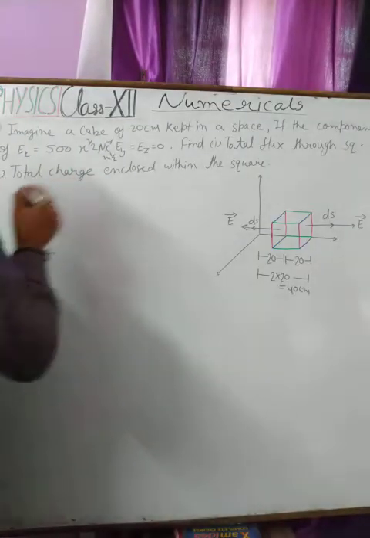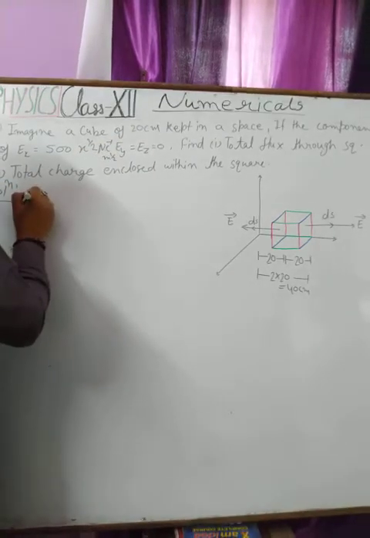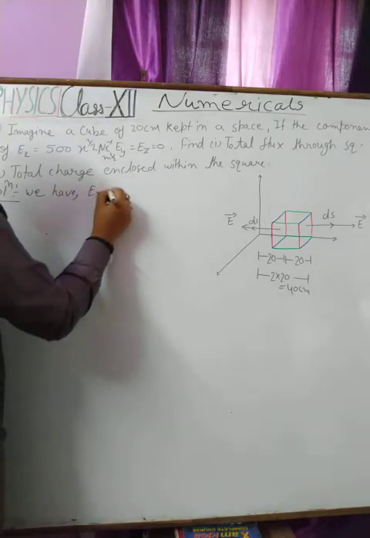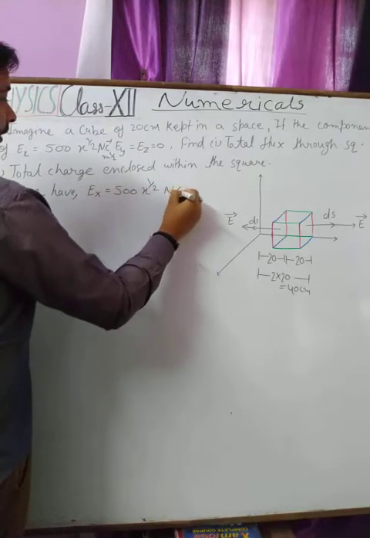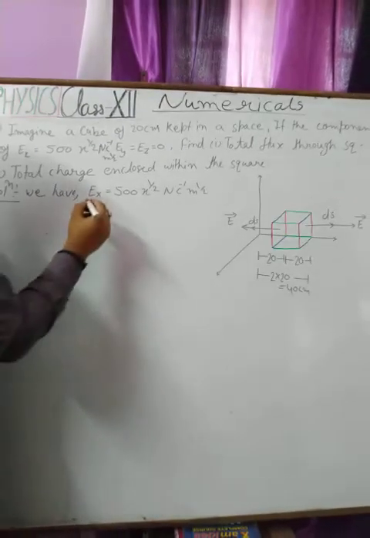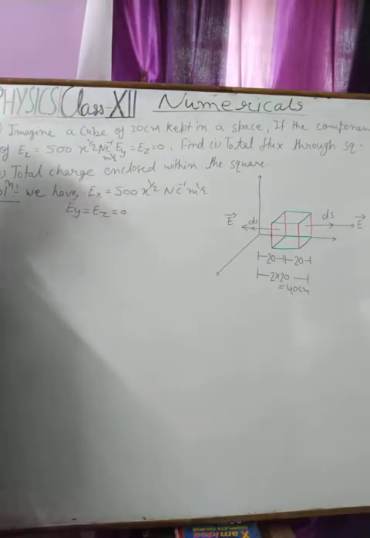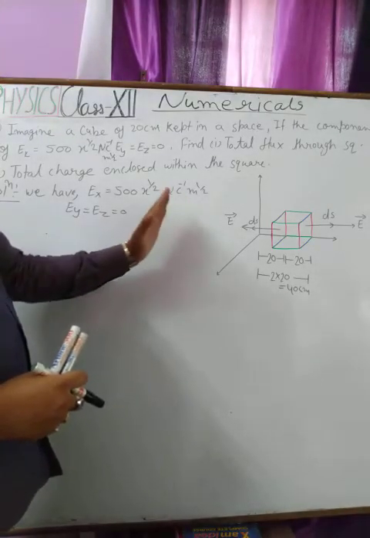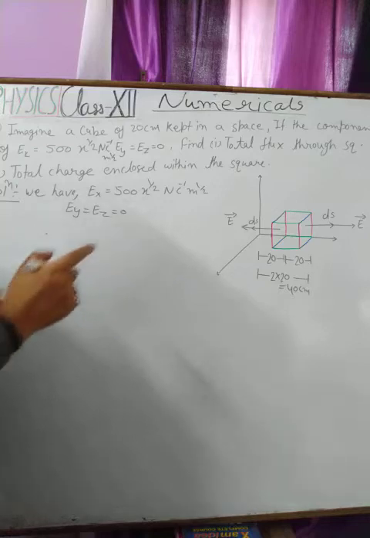Okay, now for the solution, we have Ex equal to 500 x to the power half Newton per coulomb meter to the power half, and Ey equal to Ez equal to 0, that is, the electric field is passing with the value 500 x to the power half.